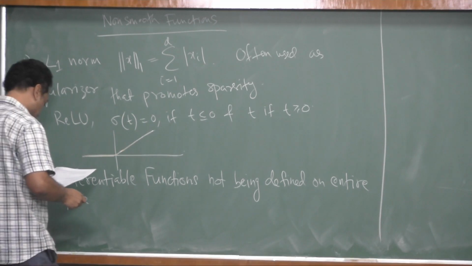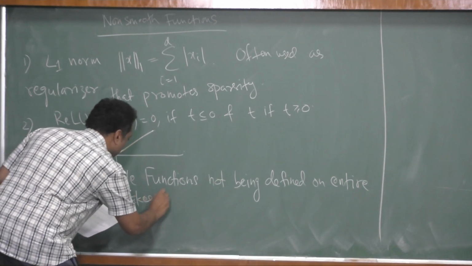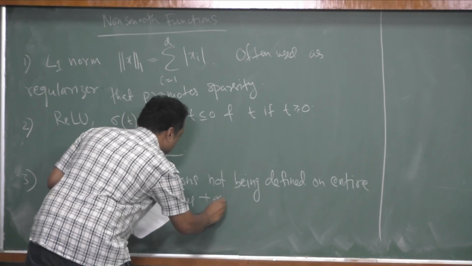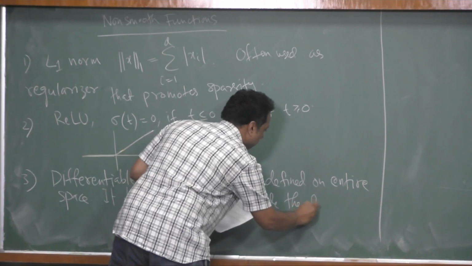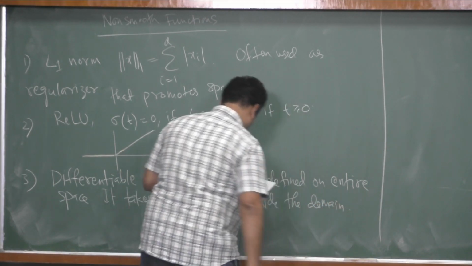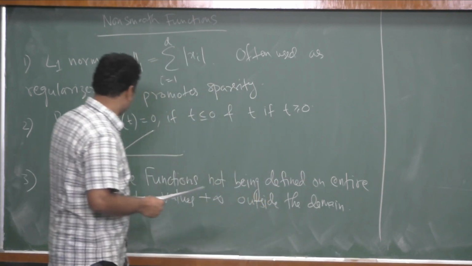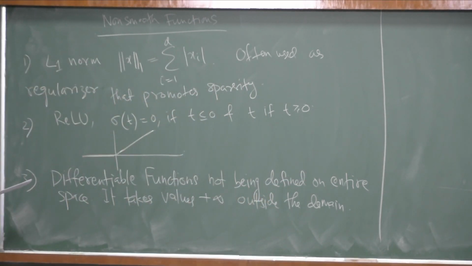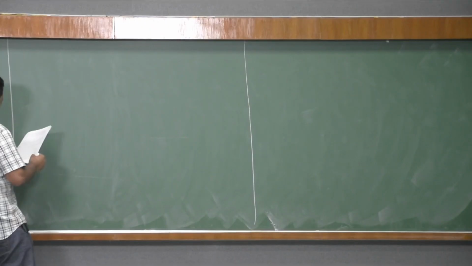Or in other words, it takes values, let us say plus infinity, outside the domain. In this case I think we have also seen this, where we use an indicator function and we add it to the function values. So basically it's for constrained problems, and using the indicator function we extend it.